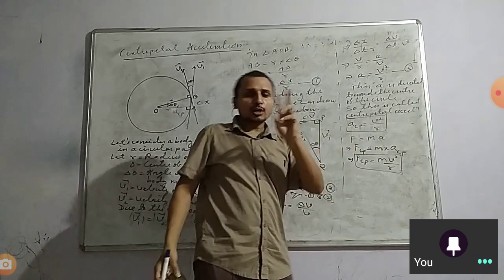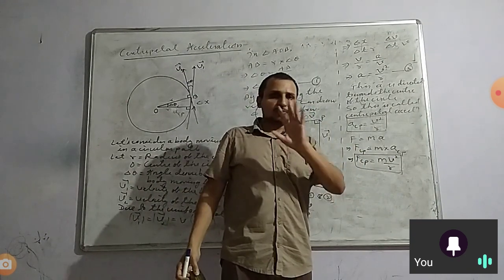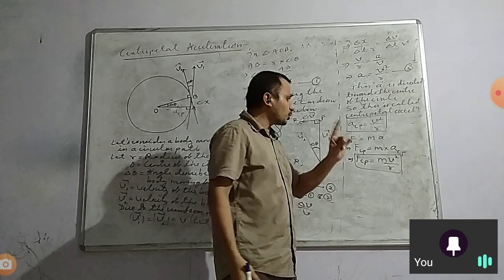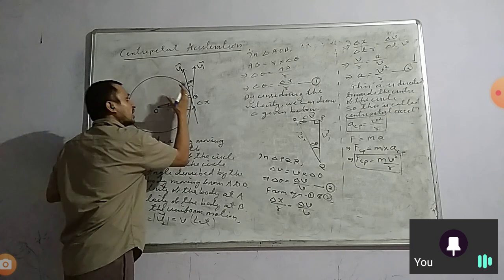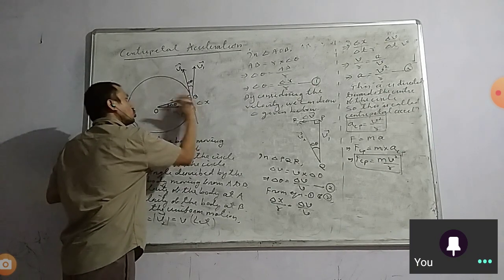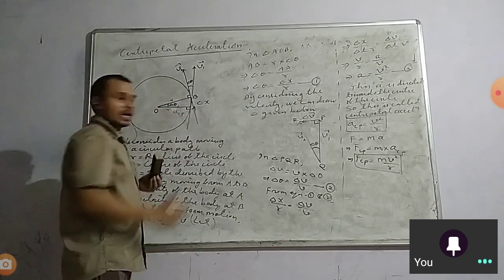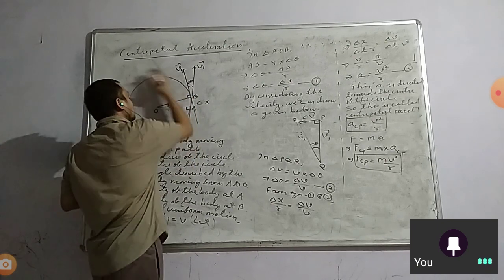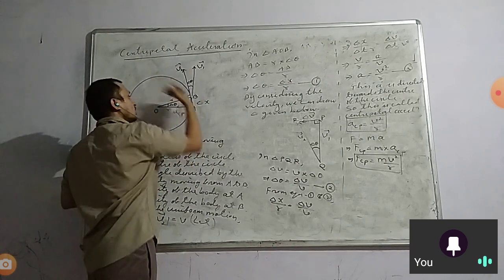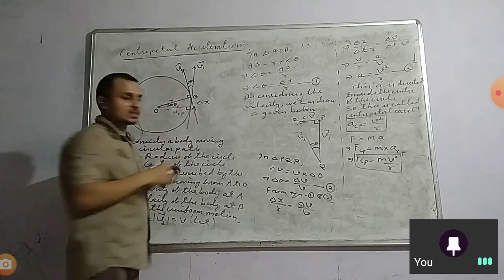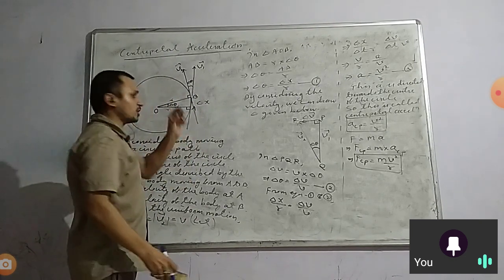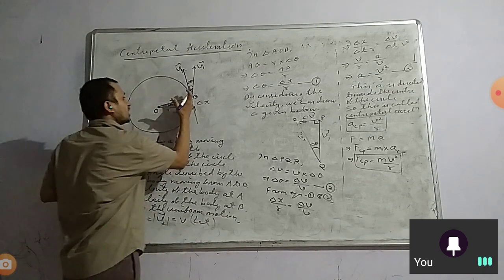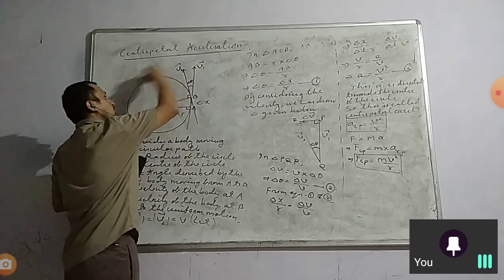So there are two characteristics of the centripetal force. First, the centripetal force is a normal force, which means a perpendicular force acting on the body moving along a circular path.